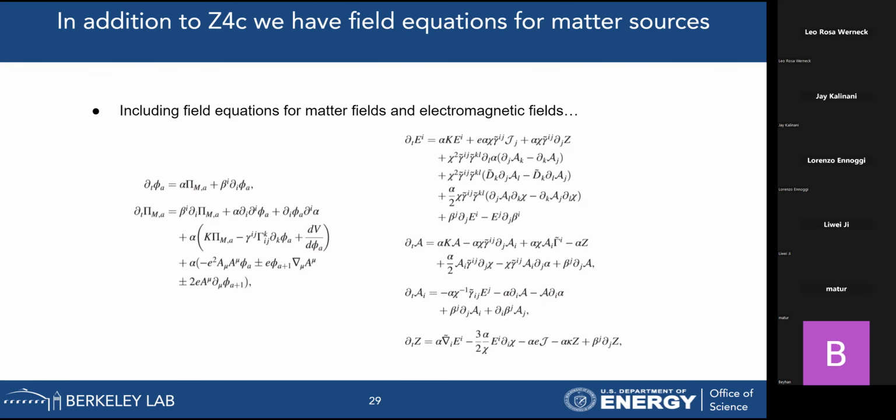Let's take the example of probably the most complicated case here, the evolution of the electric field. Some of these terms are just partial derivatives, but we also have covariant derivatives in the conformal metric. I guess that's as complicated as it gets.